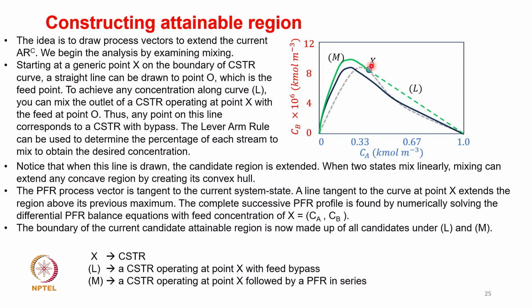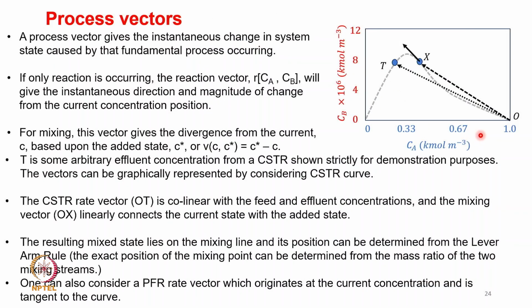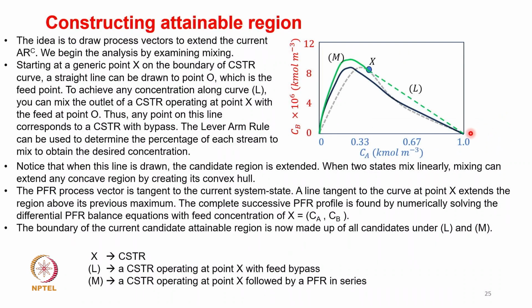So let's look at a mix point X, which is at the boundary point of the CSTR curve. A straight line is drawn from point O, which is of course right here. You may see over here the straight line drawn from point O to X. O is the feed point, and X you can draw it. To achieve any concentration along this curve L, you can mix the CSTR output.